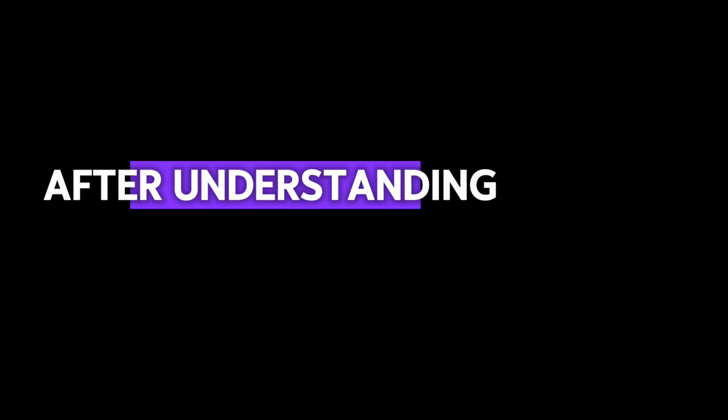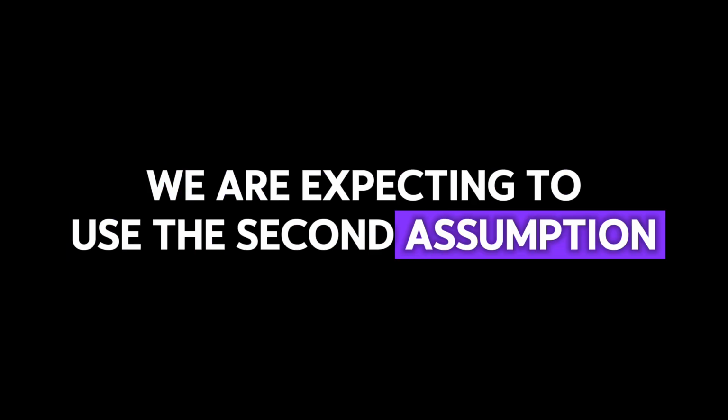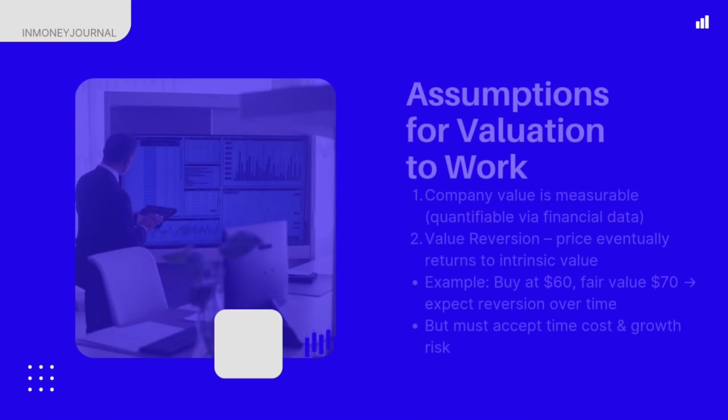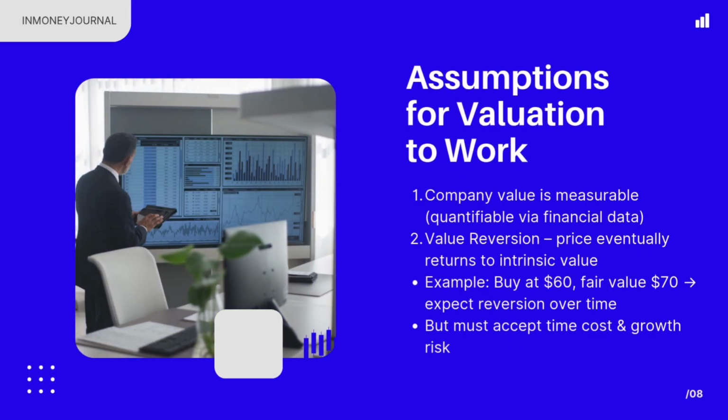Alright, after understanding the two opposing views on stocks, we know that since we are going to use valuation, we are expecting to use the second assumption, that it is accessible, if we are going to price and trade based on equity valuation. And we believe valuation has a certain role, then we still need 2 premise assumptions. The first is that a company's value must be measurable or calculable.